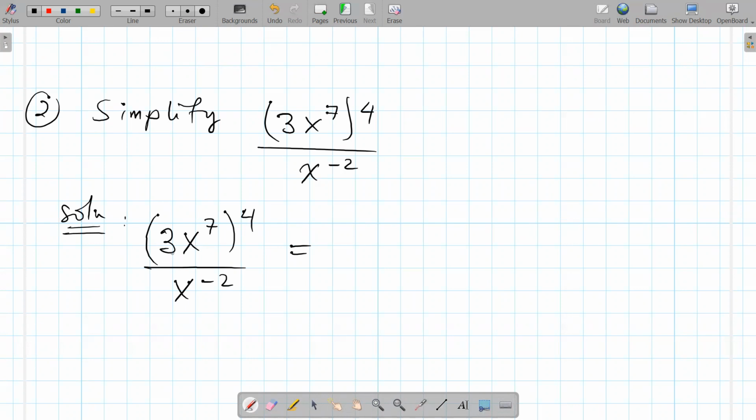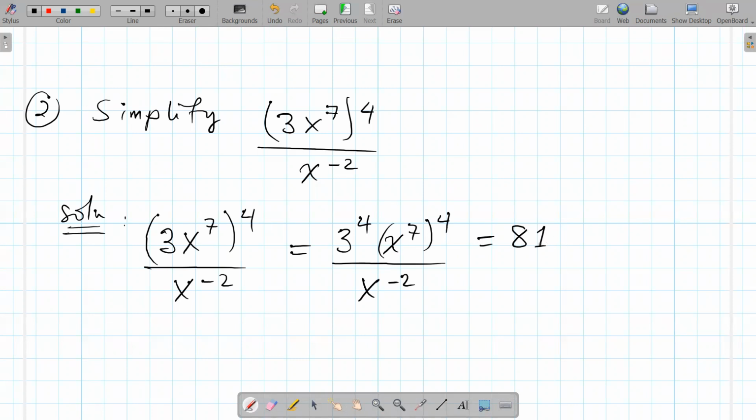It's going to affect both of them. So 3 has to be raised to 4, and x to the 7 also has to do the same. Then that is this. 3 raised to 4 is 3 times 3 times 3 times 3, and that gives you 81.